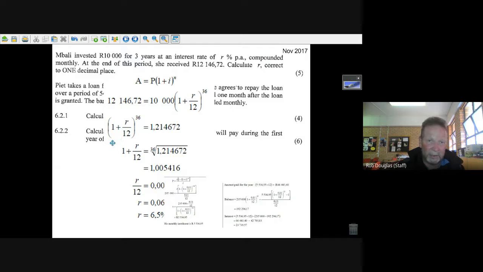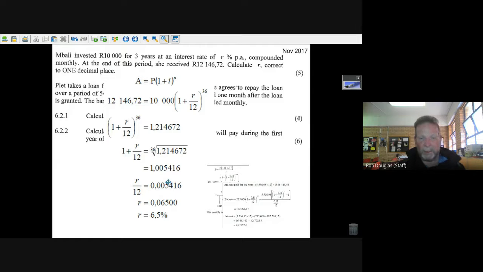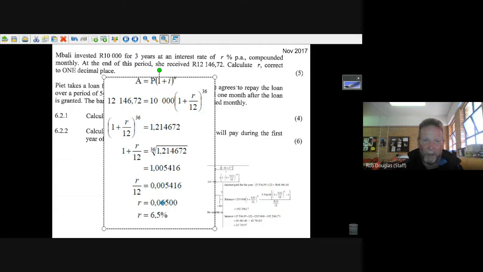Well, it just cancels here, but this turns into a number in your calculator. You subtract 1 from both sides, and you multiply by 12, and you get 0.065 and maybe some stuff, but to the nearest tenth of a percent, the answer is 6.5%.